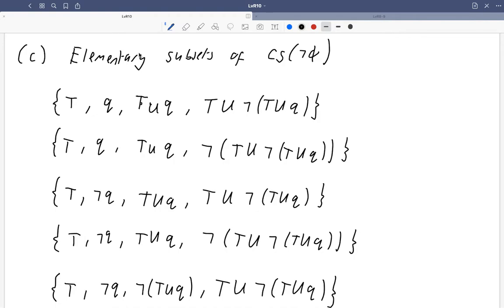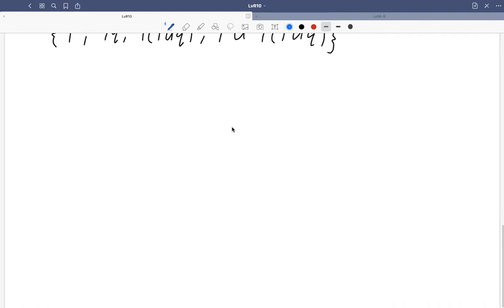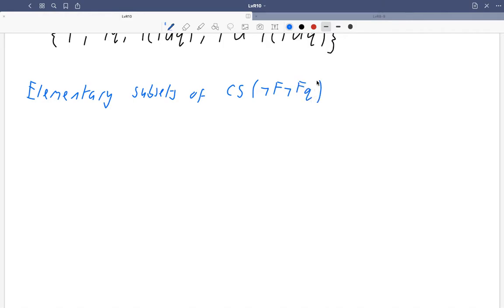Let me just remark that we could equally well do this again using the formula that uses just the future operator, so not future Q. And for this we need to know the rules.